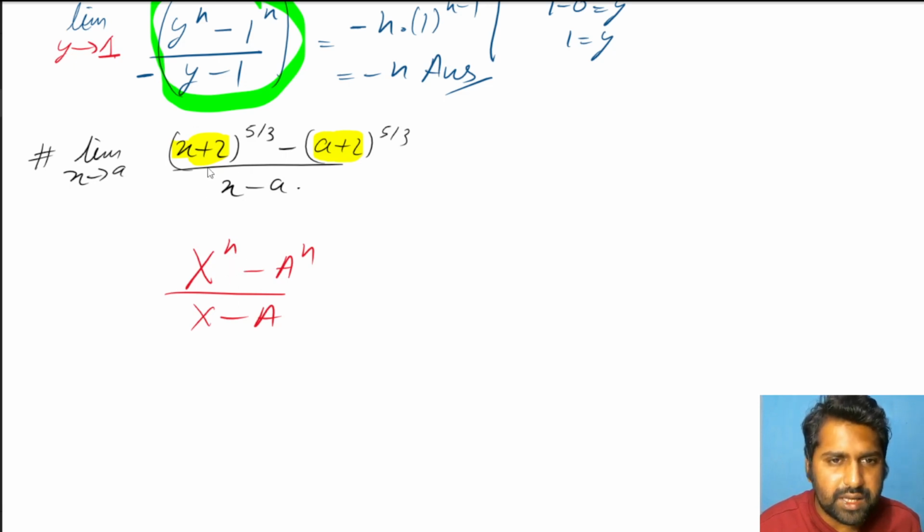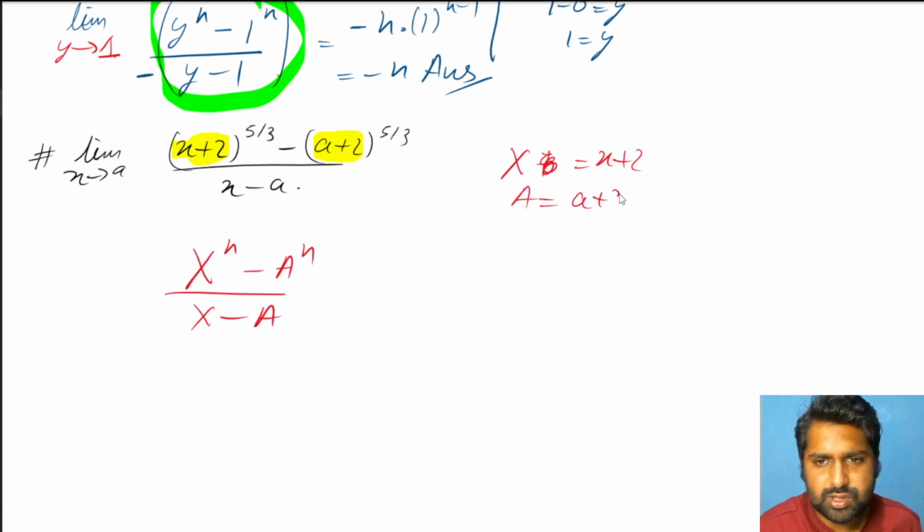Now if you compare the numerator, capital X is x plus 2 and capital A is a plus 2, but the denominators are not matching. So yes, we can rearrange this. What I'll do is I'll do plus 2 here, so that it has become x plus 2.